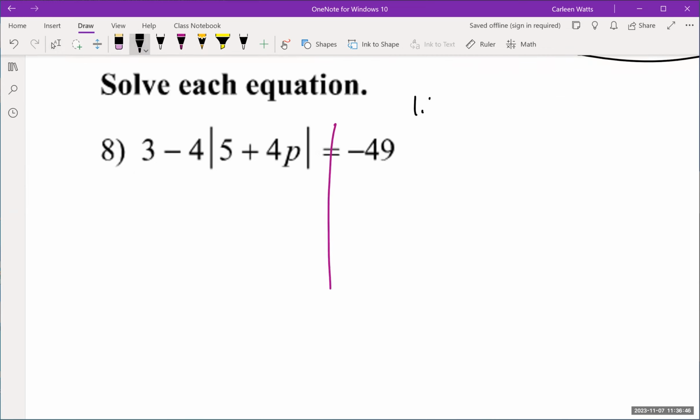Okay, if we talk about the parent, the absolute value equation is expecting 2 answers. First step, isolate the absolute value.